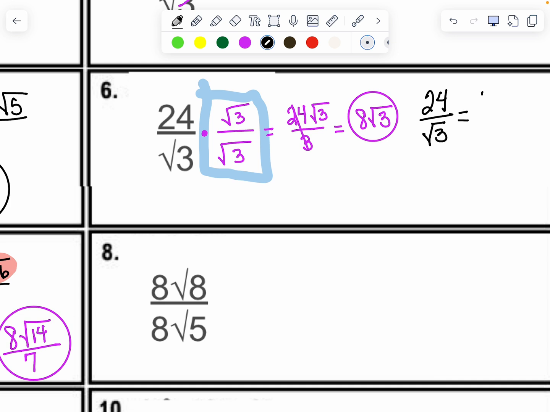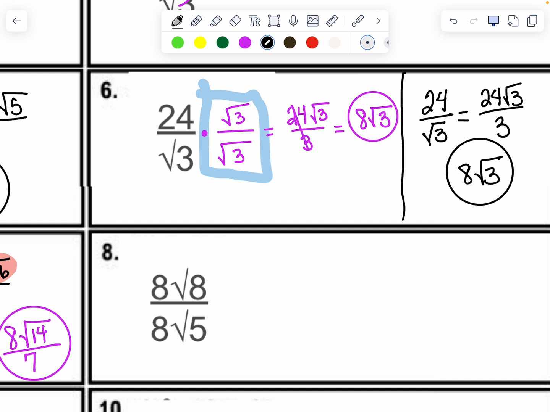I'm telling you, go ahead and pull that caret and then drop the root number back in the ground. So that is going to be 8 square roots of 3. So all I did was cut out that middle step. But that's the reason that it works the way it does. Does that make sense? Can you do that one?